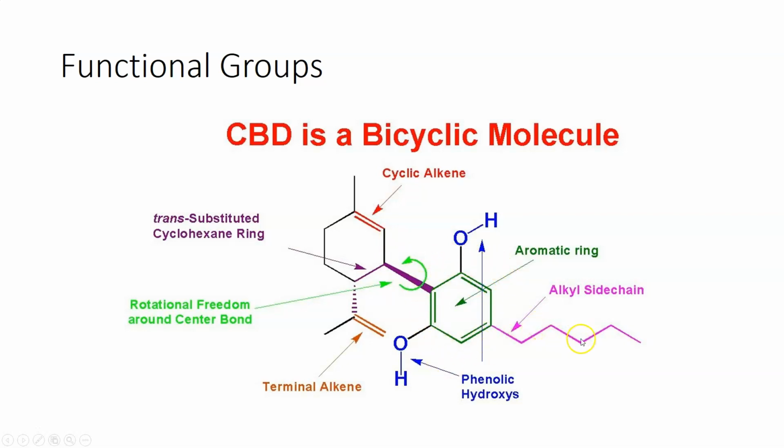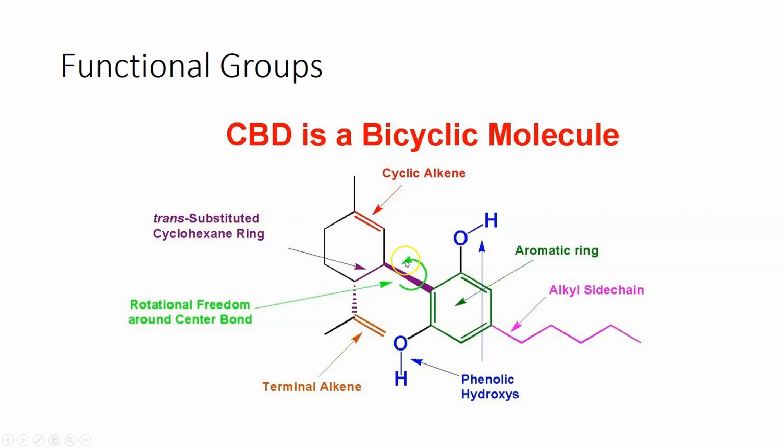We also have these side chains. These are the alkyl side chains, and actually these vary depending on what series in the cannabinoid phytotree you're in. Then we have phenolic hydroxy groups, which are alcohol groups. In CBD, we have a terminal alkene.